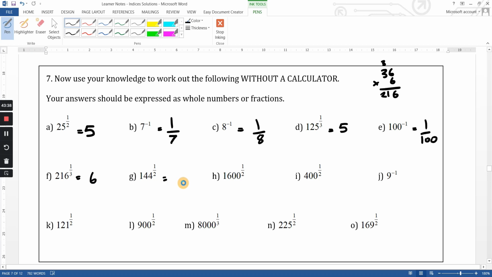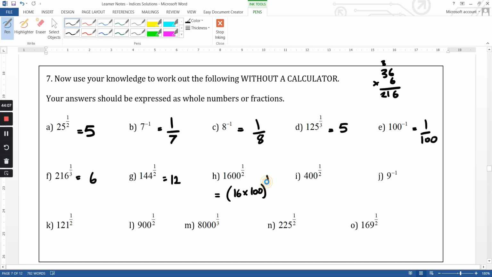Square root of 144, that's 12. Ooh, square root of this. Well, it's definitely a 4 in there. In fact, you know what? I'm going to rewrite this. This is the same as 16 times 100, isn't it?